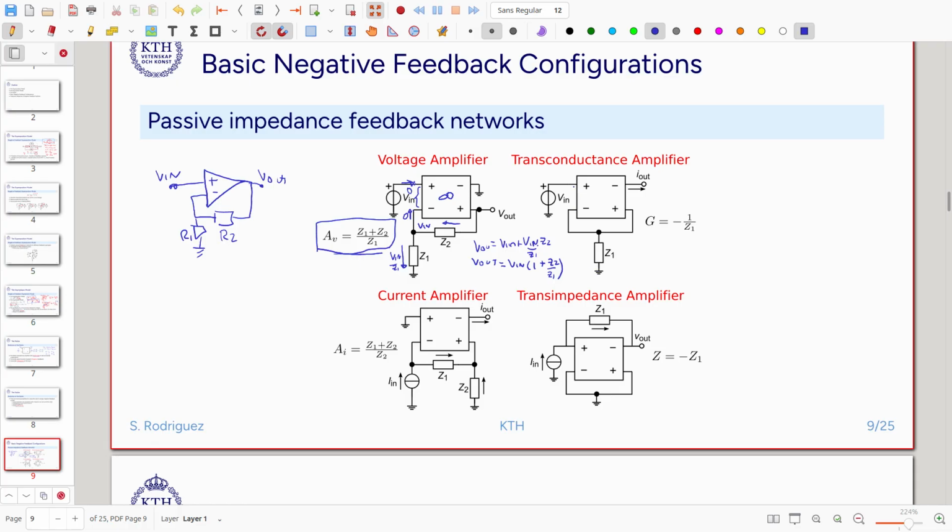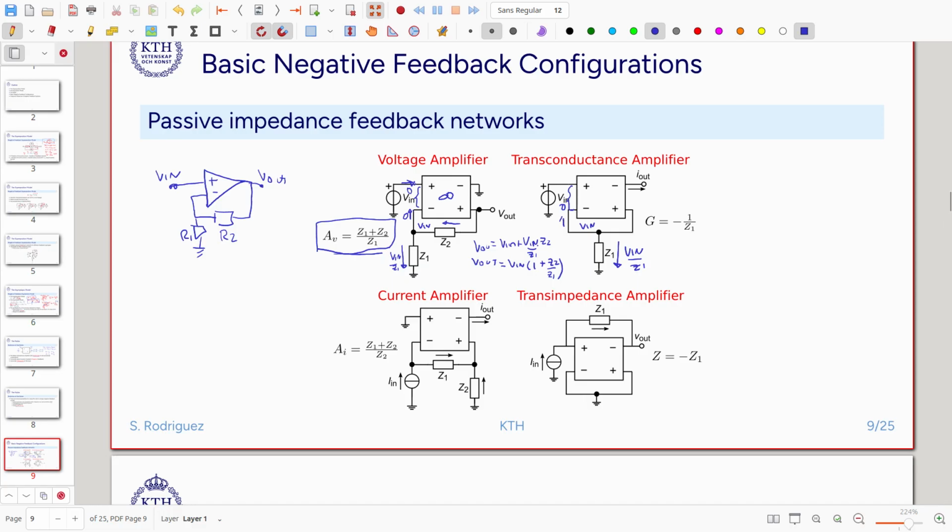Again, same situation. First we check, we have negative feedback. Plus is connected to minus. This voltage difference is 0 volts, which means that we have V in also here. This V in is going to produce a current equal to V in divided by Z1.